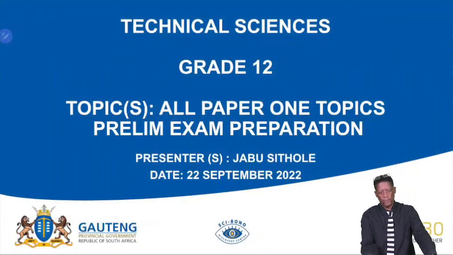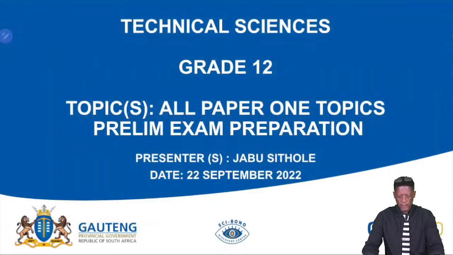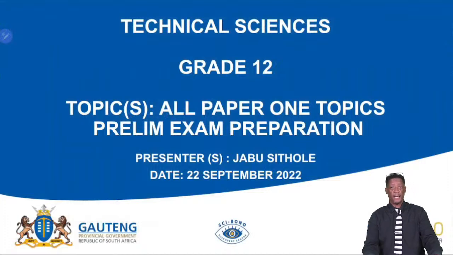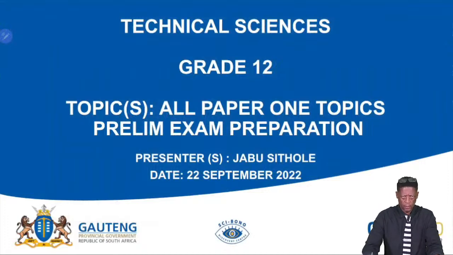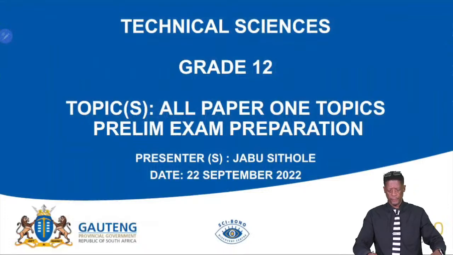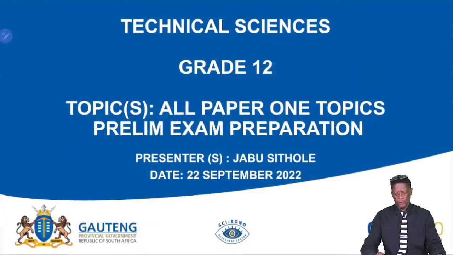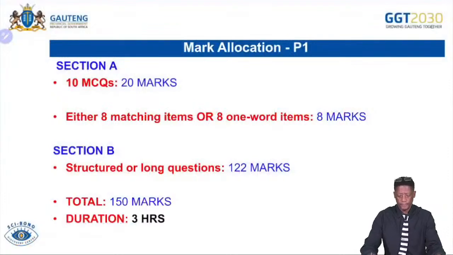For our preparation, we are going to look at all the topics for Paper 1. If time allows, we'll look at all of them, but if we have limited time, we'll skip others, though we'll make sure that we do most of them. Right. Now, let us go quick.